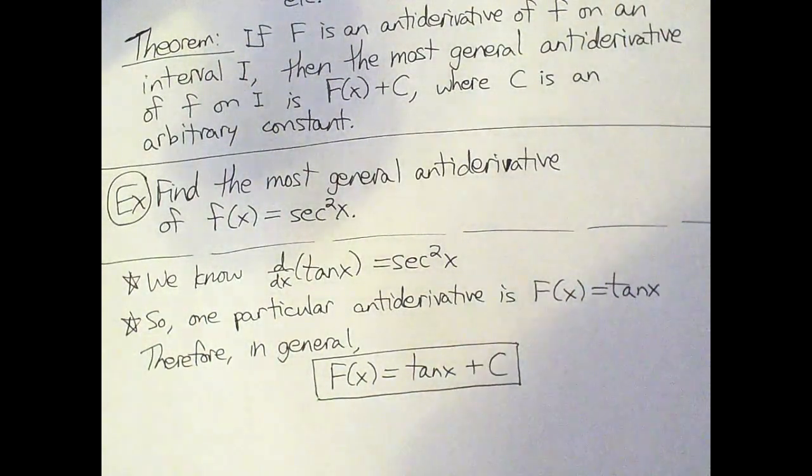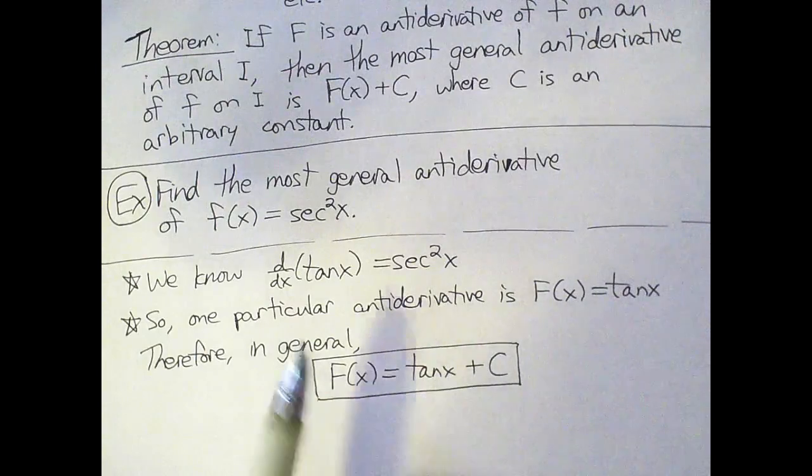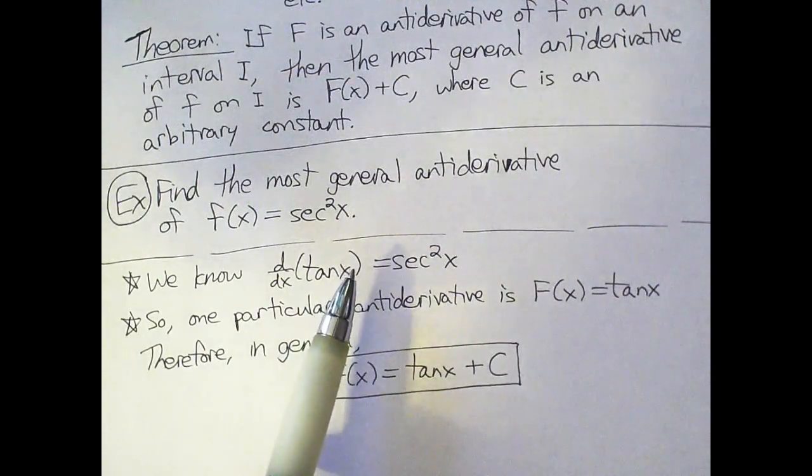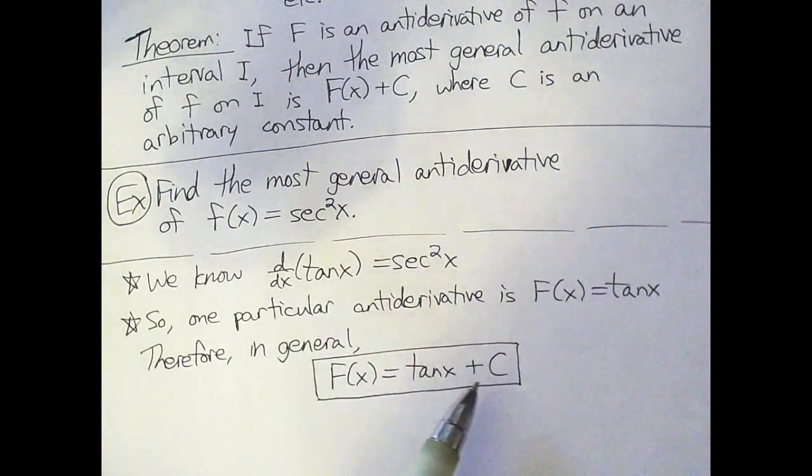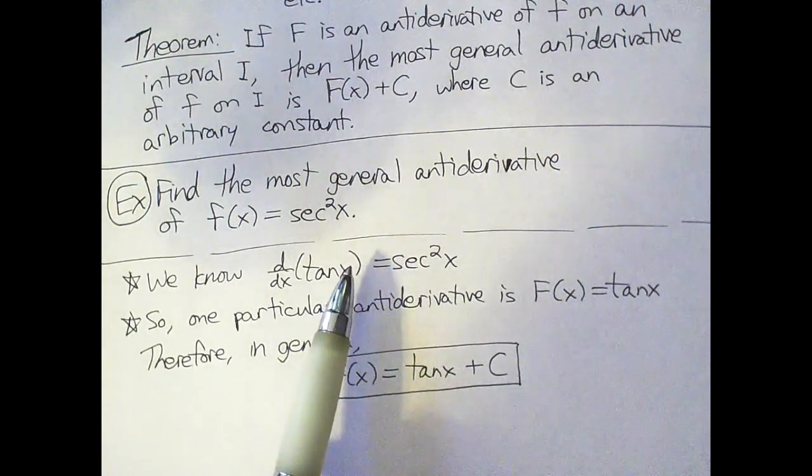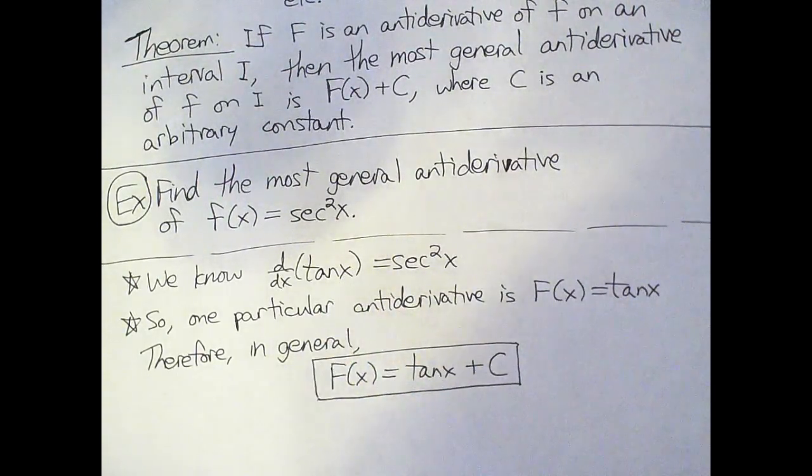Now we understand the reason why you're allowed to add a constant is because if I took d dx of this, what if I had a constant in here, plus 17? If you take the derivative of a constant, you get 0. So that's basically why it's okay to do that.